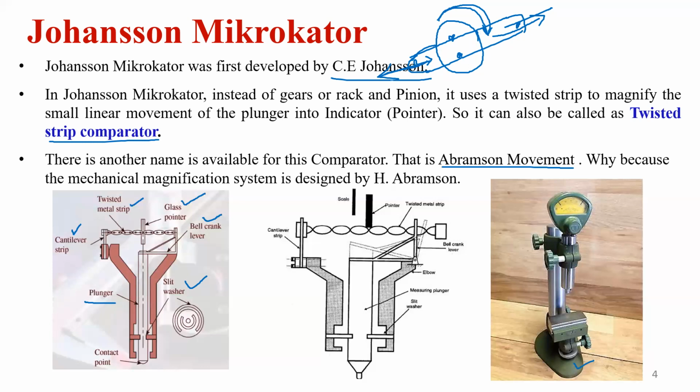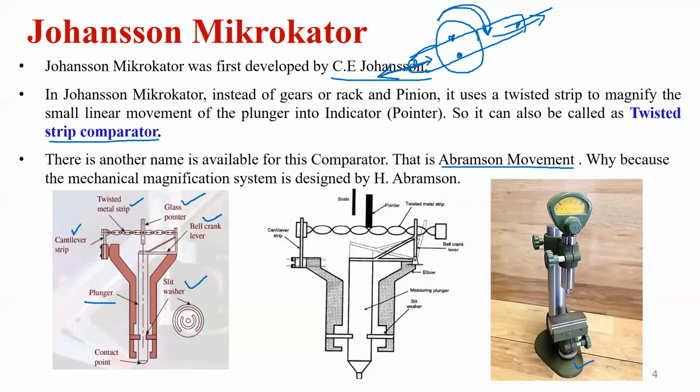So this consists of the two halves of the twisted metal strip carrying a very lightweight glass pointer. This can be twisted in the opposite direction, which causes the unwinding of the strip, and that causes the rotation of the pointer.